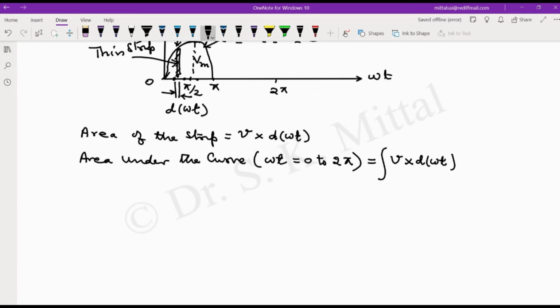And now since this area we are going to calculate from omega t equal to 0 to pi, therefore after integration we will take the limit 0 to pi. So this is the area under the curve from omega t equal to 0 to omega t equal to pi.